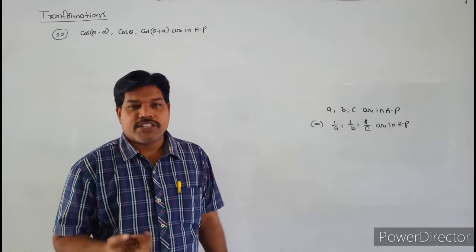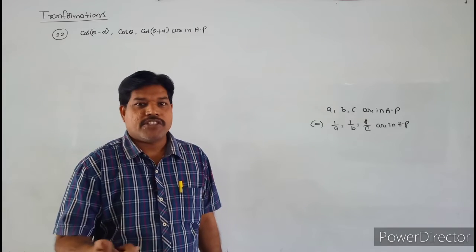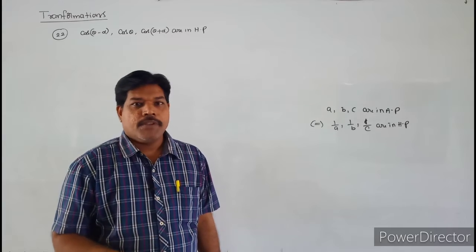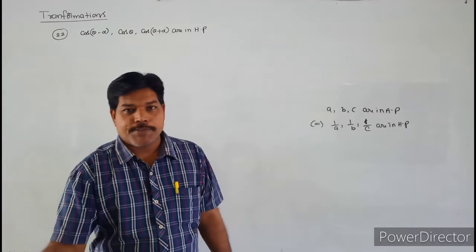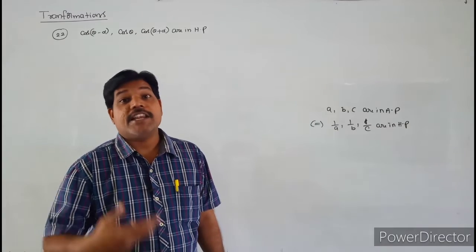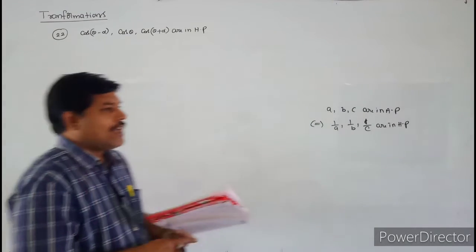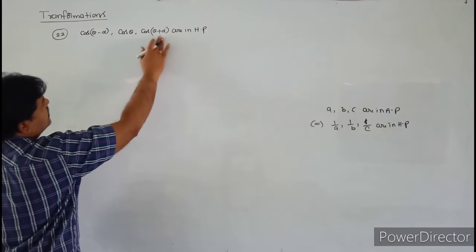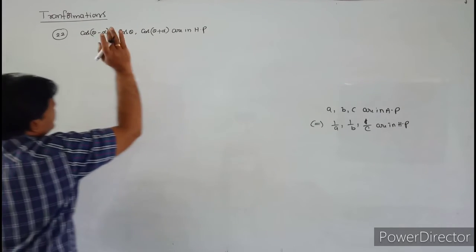So it is the condition, just only the concept: if A, B, C are in AP, then 1 by A, 1 by B, 1 by C are in HP. If A, B, C are in HP, automatically take the reciprocal, so 1 by A, 1 by B, 1 by C are in AP. Here what they are given: cos(theta minus alpha), cos theta, cos(theta plus alpha) are in HP.